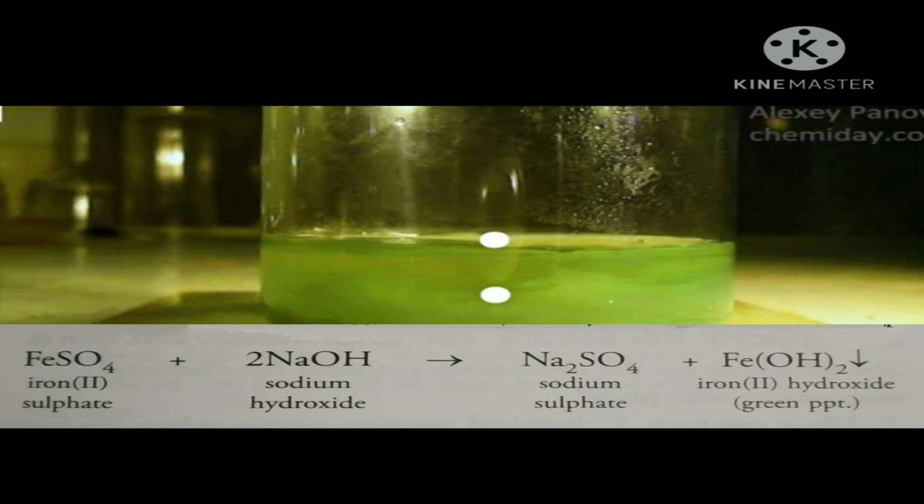See the equation. Iron hydroxide, downward arrow indicating it is a precipitate, and the color has also been mentioned, green. So always remember, a precipitate is to be denoted by a downward arrow and you have to mention the color. And a precipitate is formed when two solutions react to form an insoluble solid.